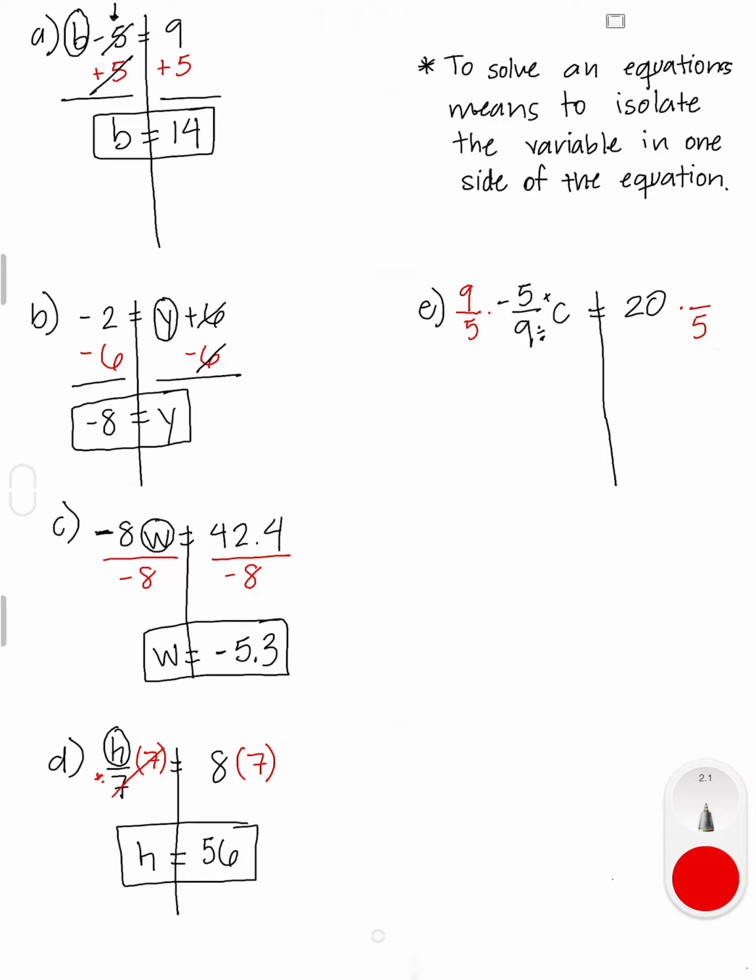So we're going to be multiplying times 9. So 9 will be in the numerator. Now, because 5 over 9 is negative, we're also going to take a negative with us. So that is negative 9 over 5, which is the actual reciprocal of 5 over 9.